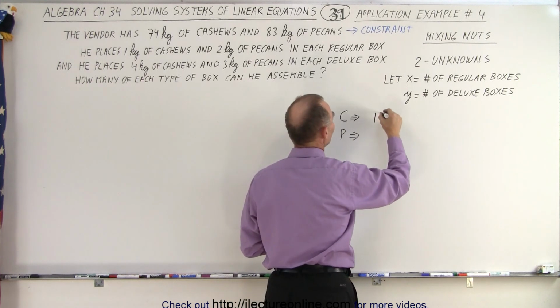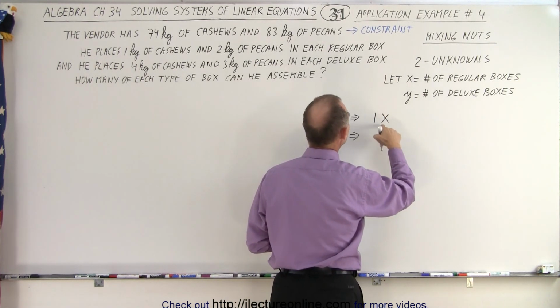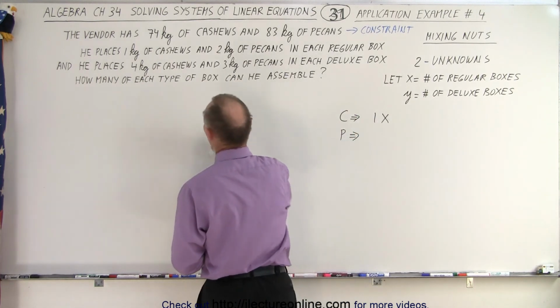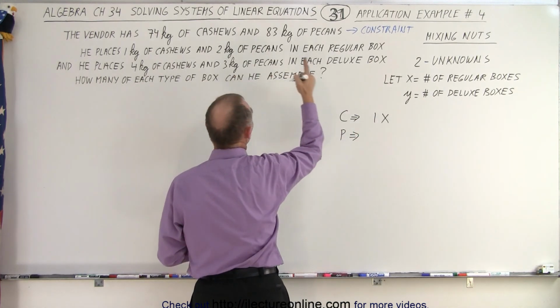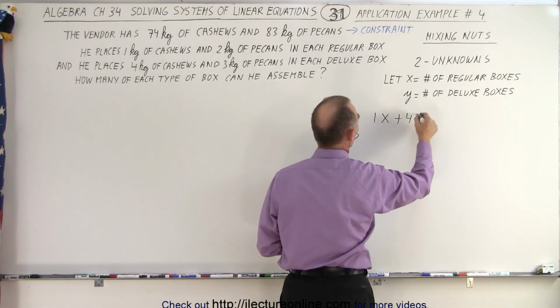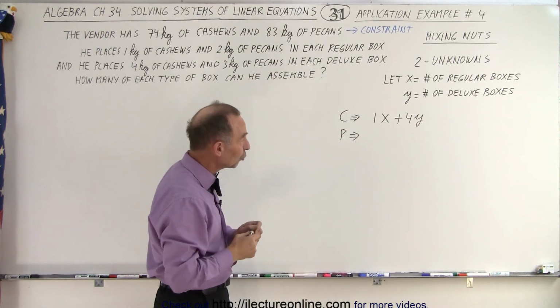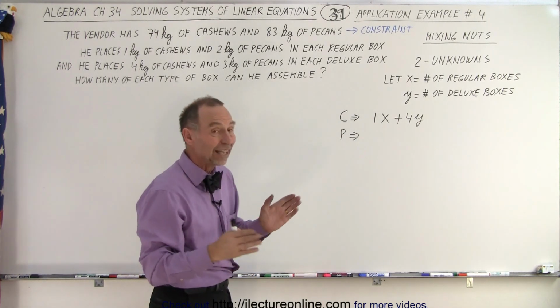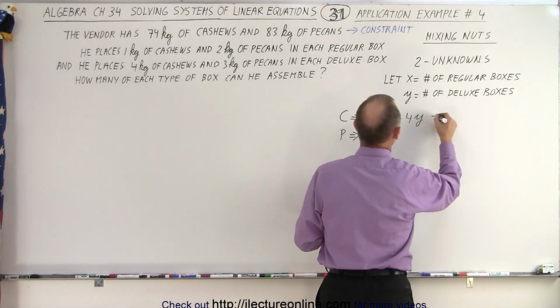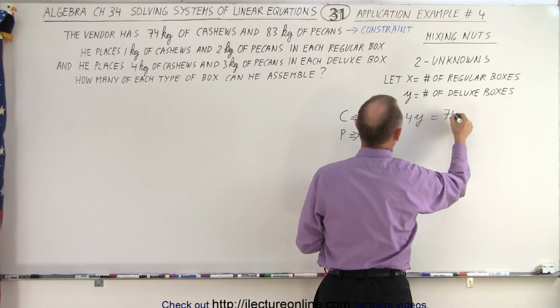So 1 times x, this will represent the number of kilograms of cashews in the regular type boxes. And then there's 4 kilograms in each of the deluxe boxes, and there's y deluxe boxes. So 4 times y is the number of kilograms of cashews in the deluxe boxes, and together they must add up to the total number of cashews that you have, which is 74 kilograms.